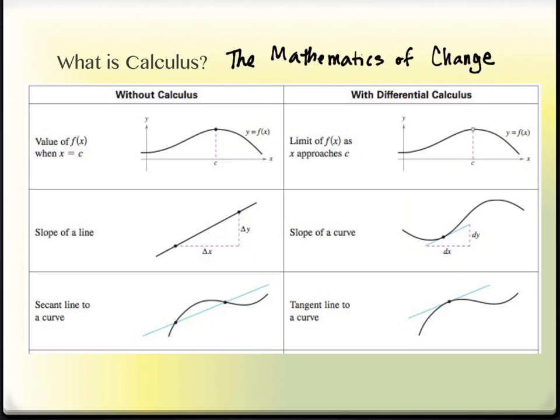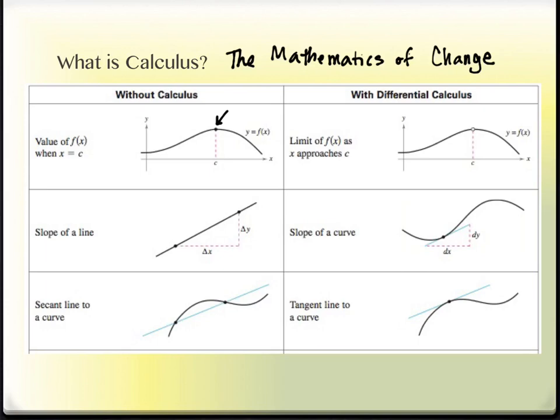To start with, without calculus, we are able to find the value of a function at a point. Right? I can find the y value right here. Typically that means I'm looking at a graph, or I'm plugging in a number for x and it's spitting out y. We can do that with pre-calculus.